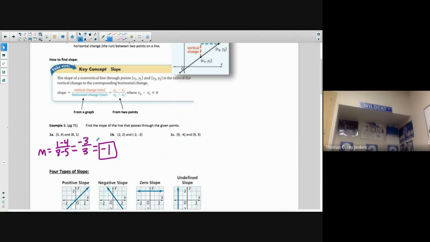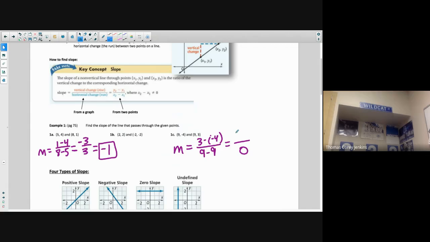I'm going to skip to C and I'll leave B for you. So doing this one, we go 3 minus negative 4 over 9 minus 9. So really at this point, I know if 0 is on the bottom, it doesn't matter what the top number is.